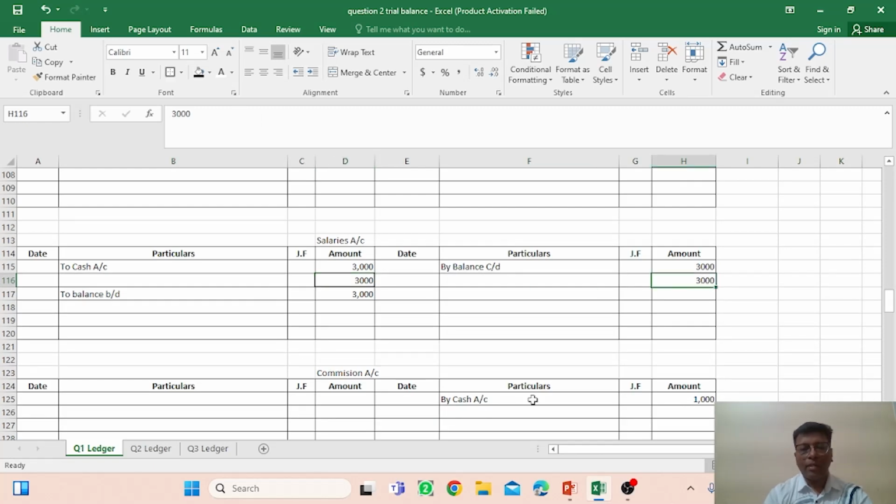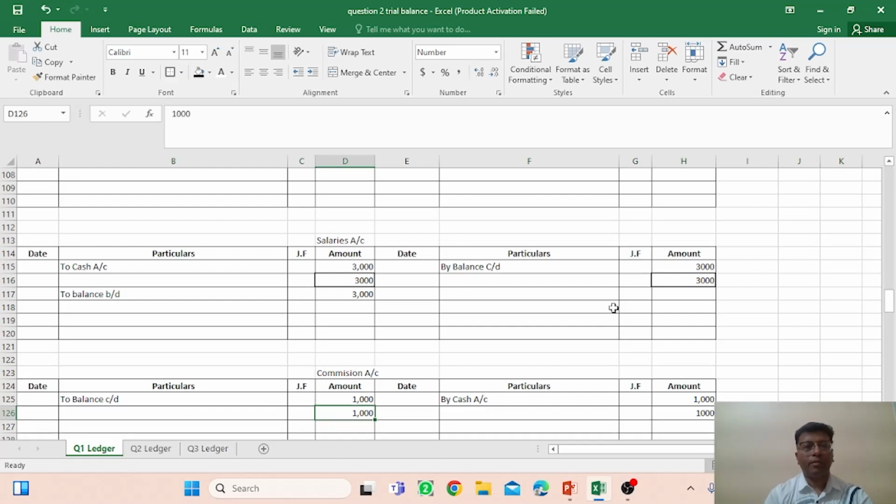Okay, and in the commission account there is the credit amount rupees 1,000, so we take the total of rupees 1,000, and the balance would be rupees 1,000 to balance CD, and we just bold it.